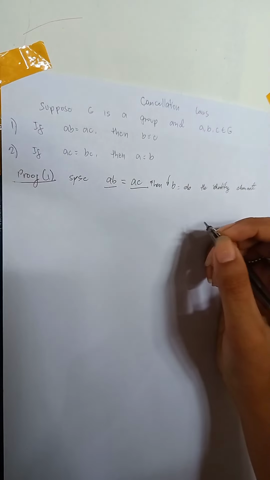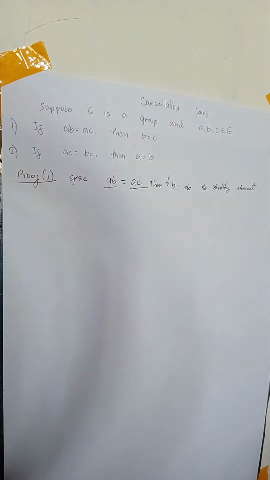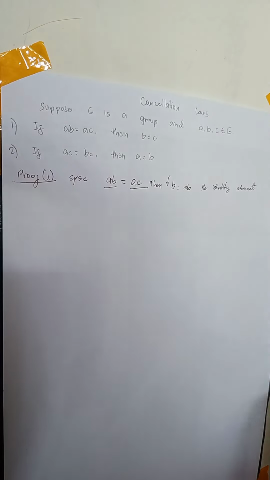And now we want to insert A there, so one way to do that is to use the fact that A is in G, and so it has an inverse.